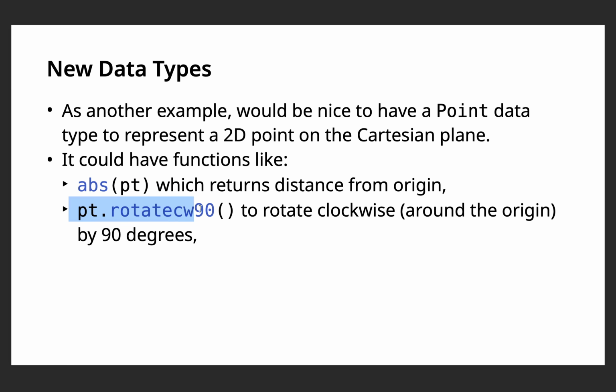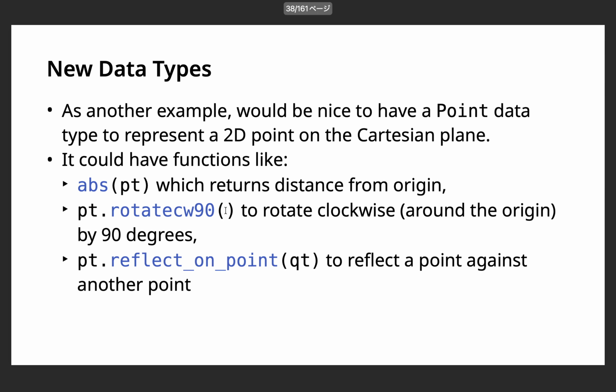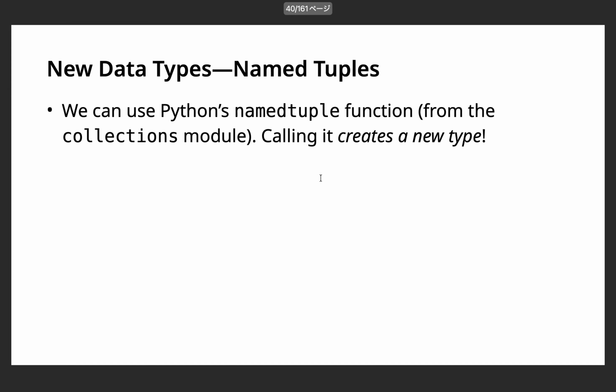If we want to rotate that point, we could have a function for that. And if we want to reflect that point across another point, then we could have a function like this. We don't know how these functions are implemented yet, but those are functions we would ideally want to have for this new data type over here. So how do you do that?